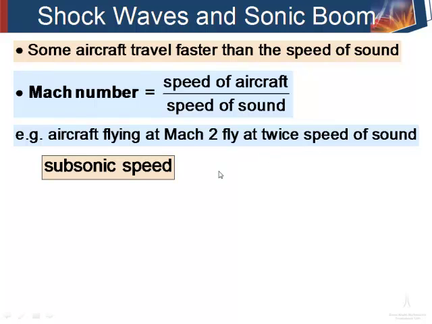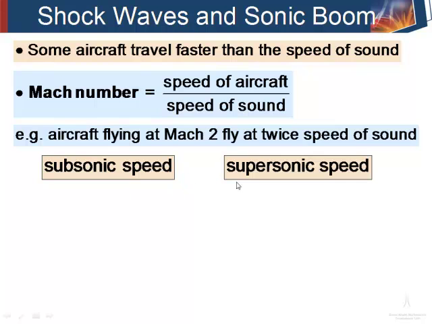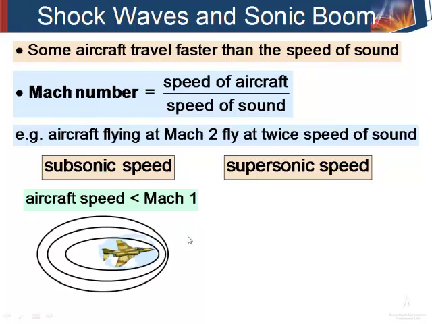Now, when we look at the relationship between the speed of the aircraft and the speed of sound, we have what we call subsonic speed and supersonic speed. Subsonic speed is when the aircraft speed is less than Mach 1, and this often happens in the Doppler effect.